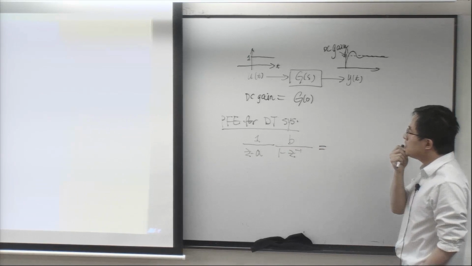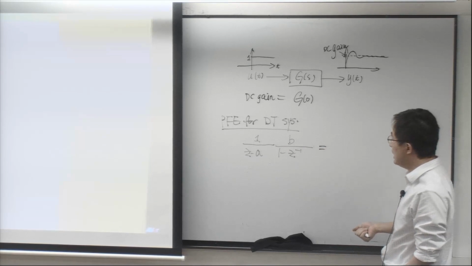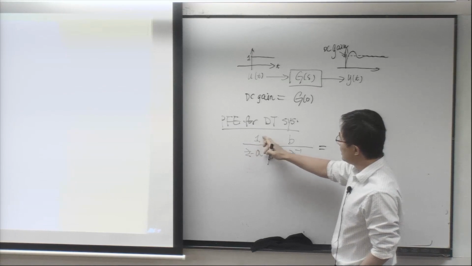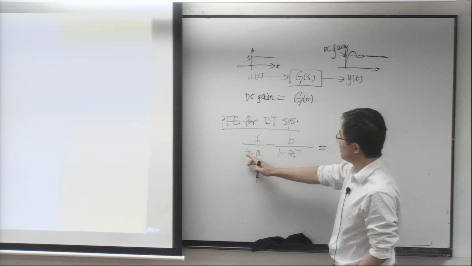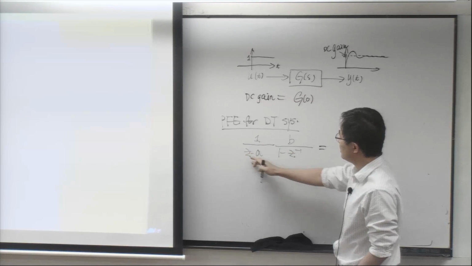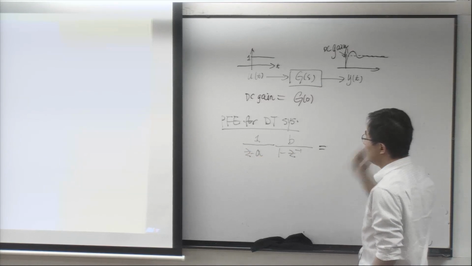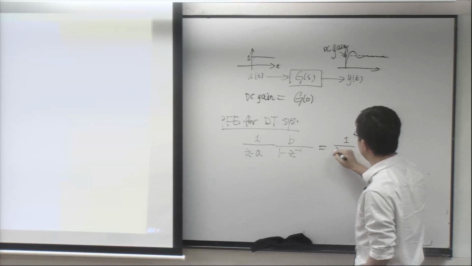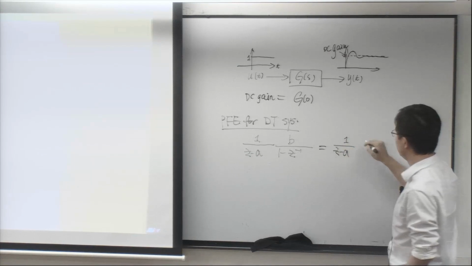So let's do the approach that we mentioned earlier. I know how to do partial fraction expansion if it's something that looks like this. If I know this is S, then it's very easy. This is what we did in continuous time systems. So I'm going to use the notation of Z.